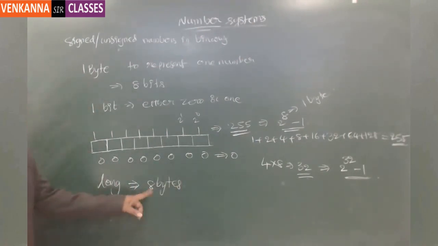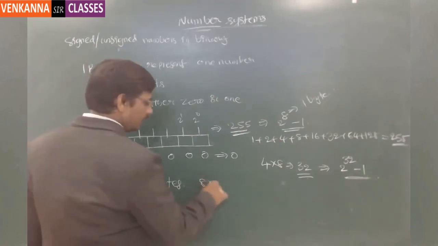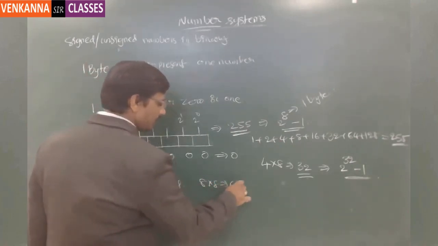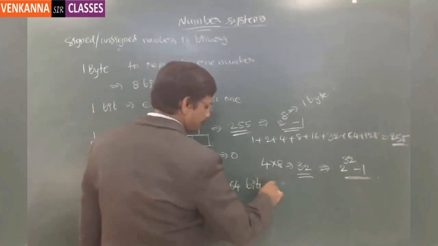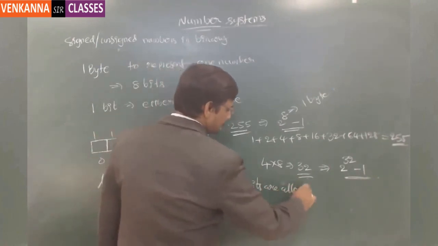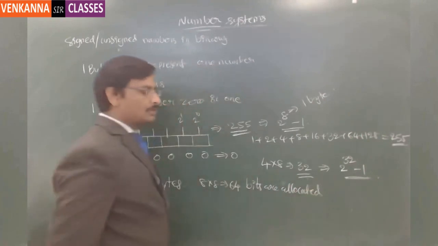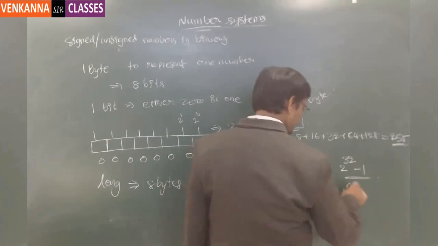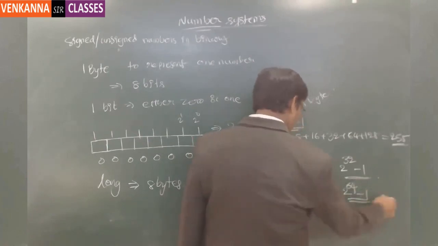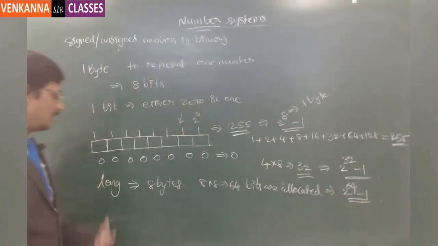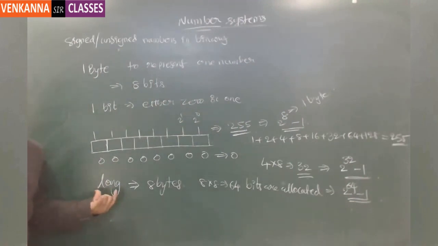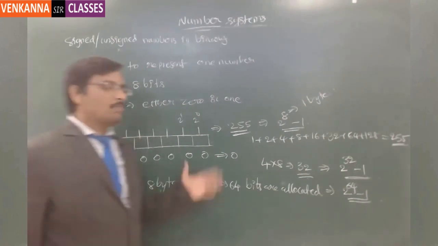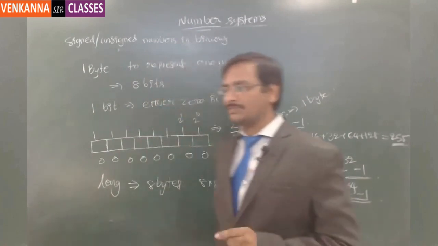So 8 into 8, 64 bits are allocated. If 64 bits are allocated, the maximum possible number you can represent is 2 power 64 minus 1 with the declaration of long integer. Got it? So for integer it is 4 bytes and for long integer it is going to be 8 bytes. So 1 byte is nothing but 8 different bits.